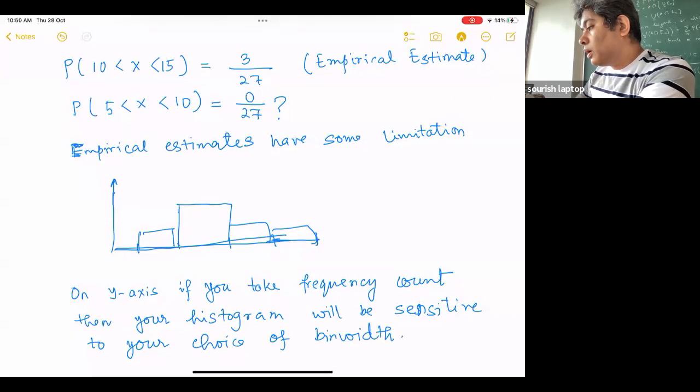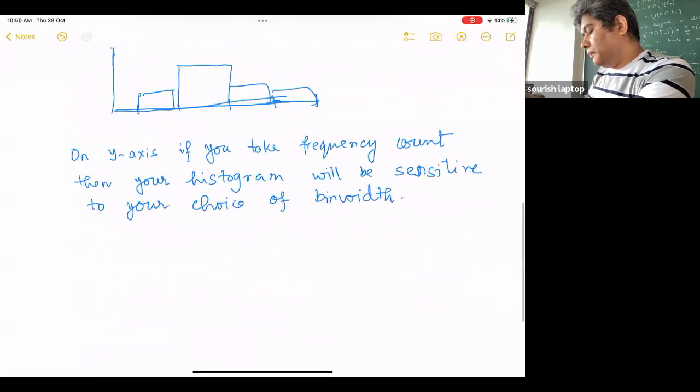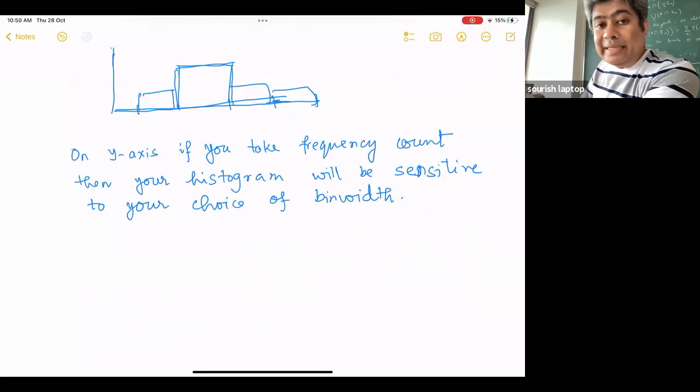Okay. Now, how do we solve this problem? One way to solve this problem is, on the y-axis, instead of plotting the frequency, you plot frequency density. What does it mean?